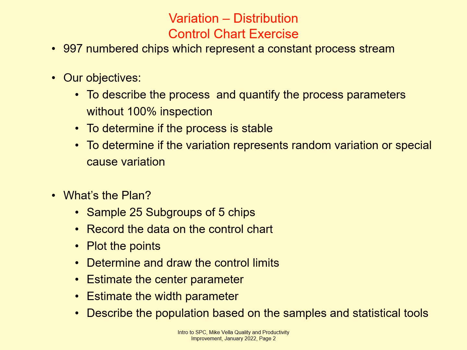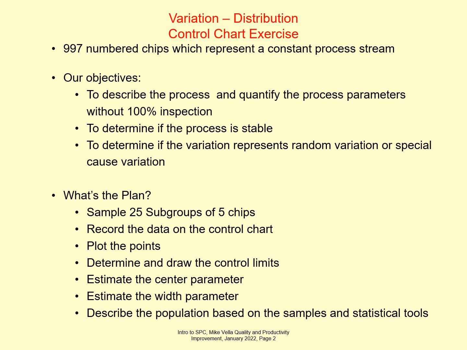Well, 997, that's an awful lot of them, but there could be 9,000, 900,000, 9 million. So the idea is sampling from a process and taking that sample and applying something about the population and doing something with that. What we're going to be doing is determining if that process is stable and determining if that variation represents random or special cause variation.